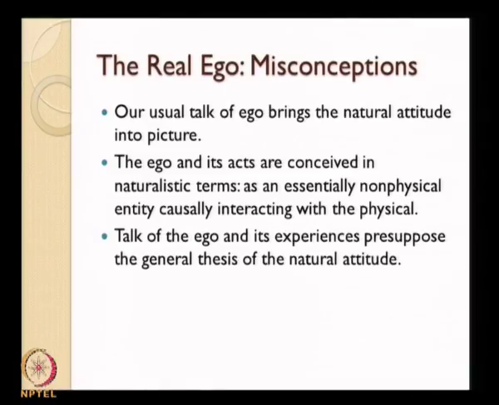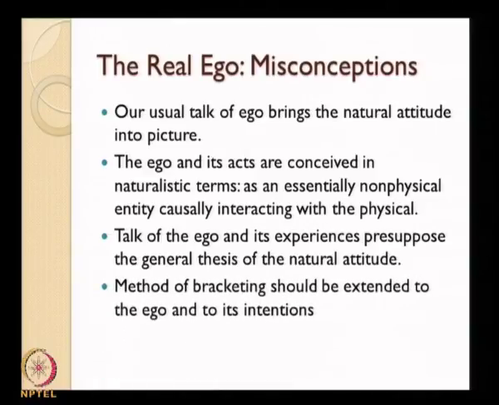When all these statements are made, I am conceiving myself as a non-physical entity that is causally interacting with the physical world in several ways. Talk of the ego and its experiences presuppose the general thesis of the natural attitude, and the method of bracketing should be extended to the ego and to its intention.